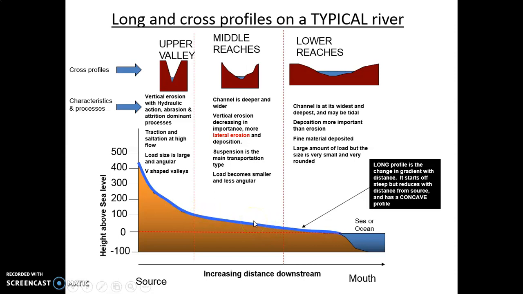The river channel is a lot wider. It's deeper. The river valley is also wider and a little less deep than it used to be. And then finally in the lower reaches, it's a much flatter, wider valley, with a much wider channel and a much deeper channel. So that's how the river changes over time.